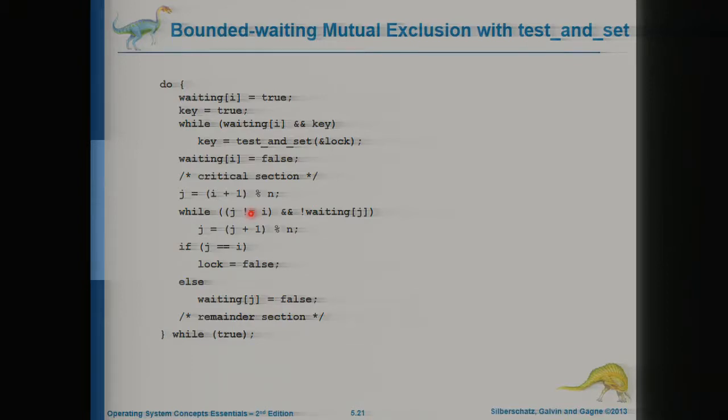Then P1 shows an interest to enter into its critical section. Nobody is in the critical section, so it enters. Meanwhile, P2 also shows its interest, and P3 also shows its interest to enter its critical section.